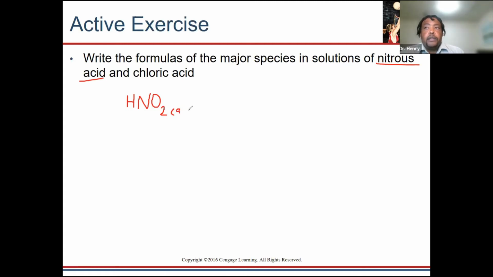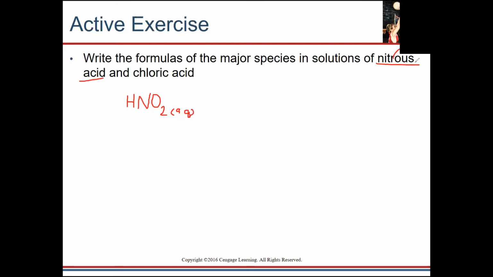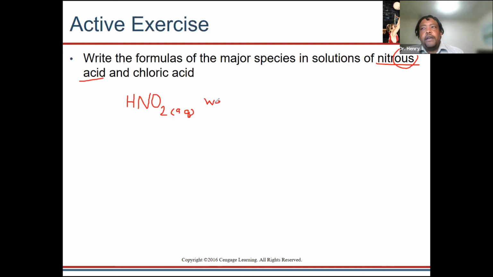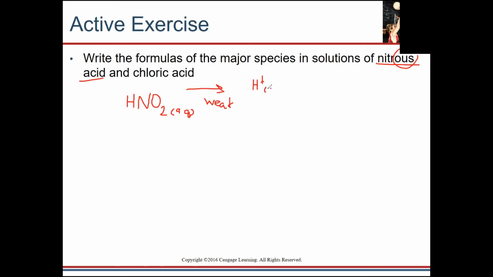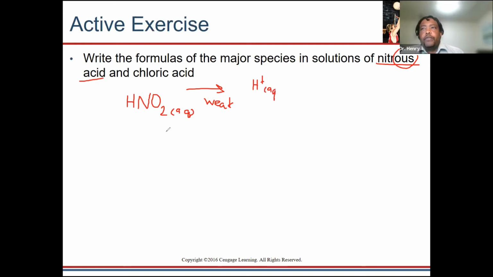Okay. So, is this a strong acid or is this a weak acid? Weak. Okay, so we know it's a weak acid. So what is going to be the major species? Is it going to be this, or is it going to be this? The acid is going to be the major species. Okay, so then this is going to be the major species.